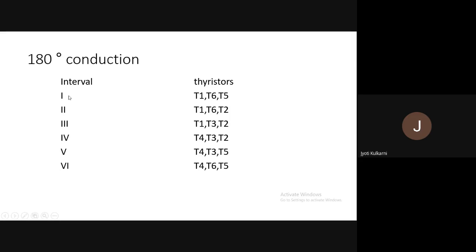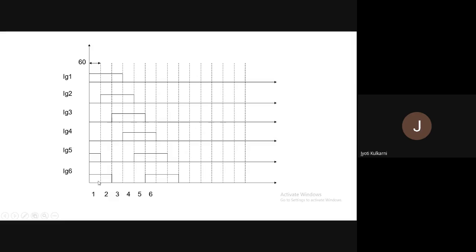In 180-degree conduction, the full cycle of 360 degrees we have divided into six intervals: interval 1, interval 2, 3, 4, 5, 6. Each interval is of 60 degrees. I'll show you the waveform. See, these are my six intervals: first interval, second interval, third interval, fourth interval, fifth interval, and sixth interval.